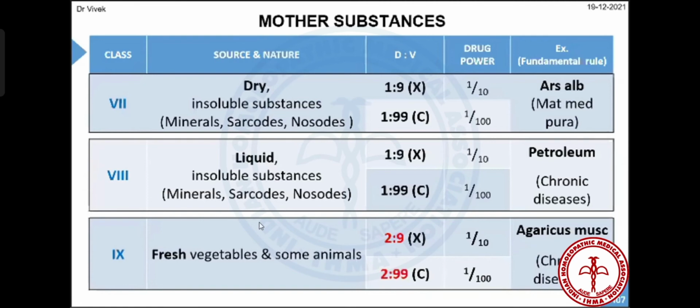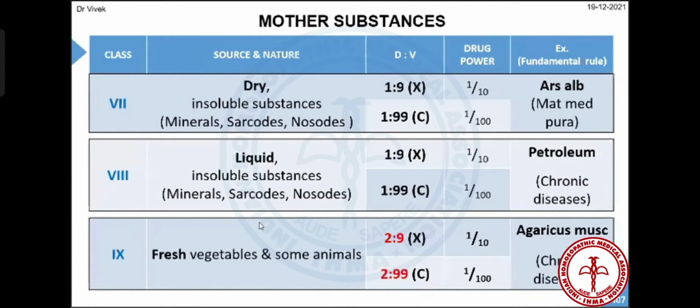One thing you need to note is class 8 is mentioned in Chronic Diseases, not in Materia Medica Pura. Class 1 to 7 is mentioned in Materia Medica Pura, but class 8 and 9 are mentioned under drugs in Chronic Diseases. Class 9 is fresh vegetables and some animals.